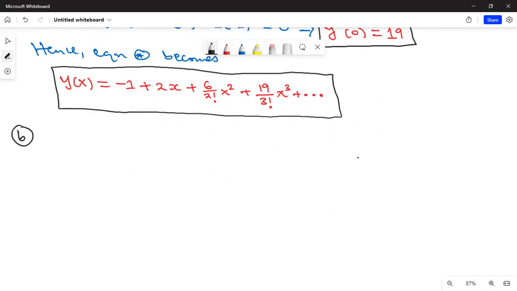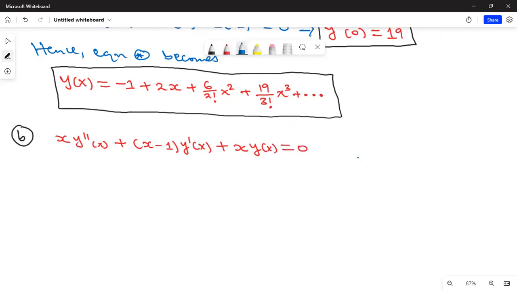Part B, let me write the ODE in prime notation. Our ODE is x y double prime of x plus (x minus 1) y prime of x minus 1 y prime of x plus x y of x, that should give us 0.